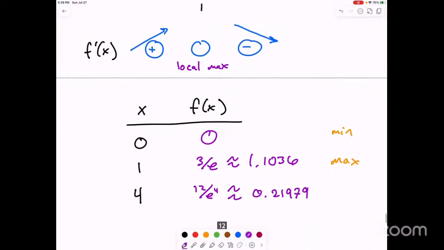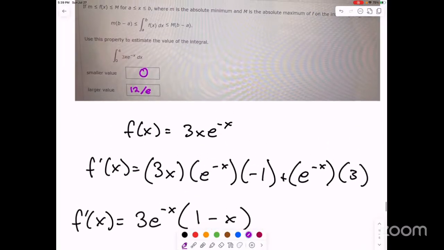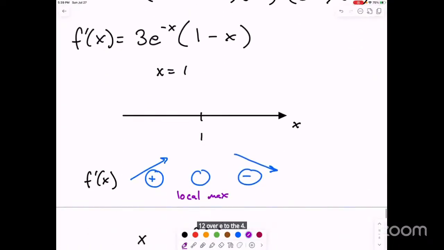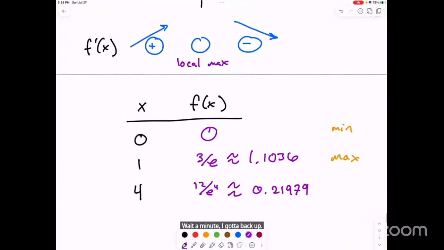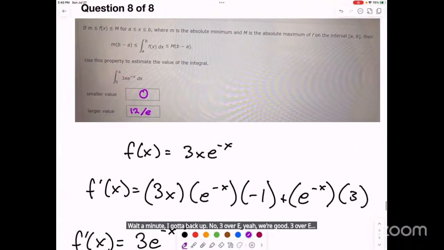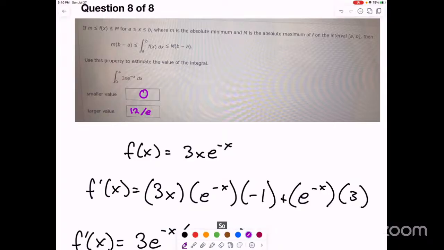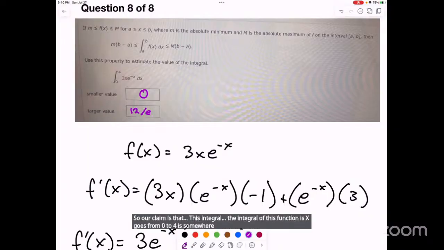Wait a minute, I gotta back up. No, 3 over e, yeah, we're good. 3 over e times 4 is 12 over e. So our claim is that the integral of this function as x goes from 0 to 4 is somewhere between 0 and 12 over e.